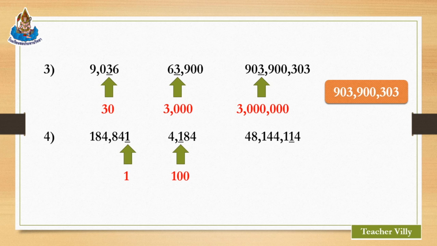What about the digit 1 in this number, 48,144,114? What is the value of the digit 1? Excellent. It's 10.